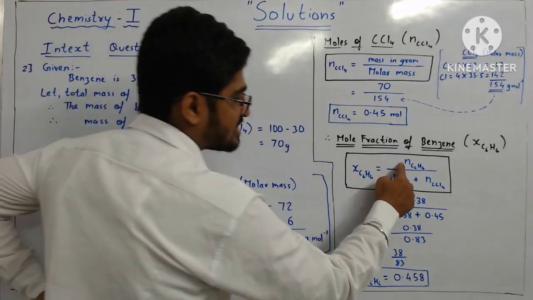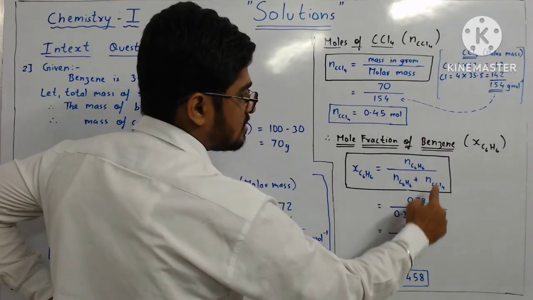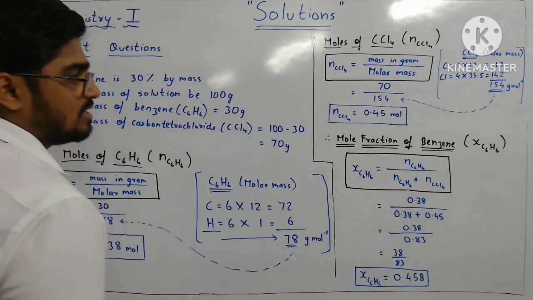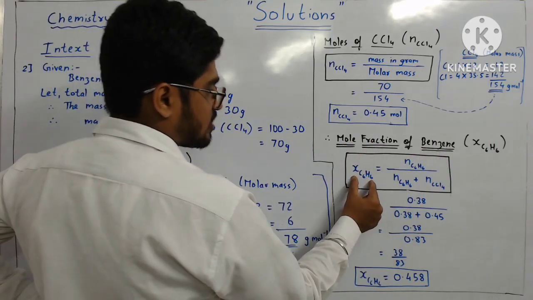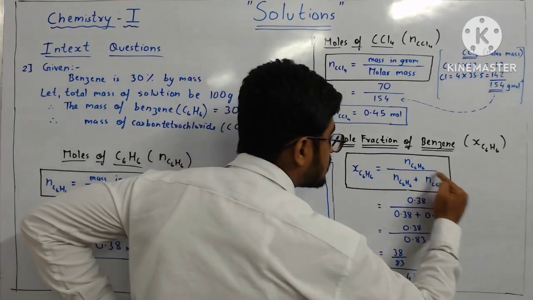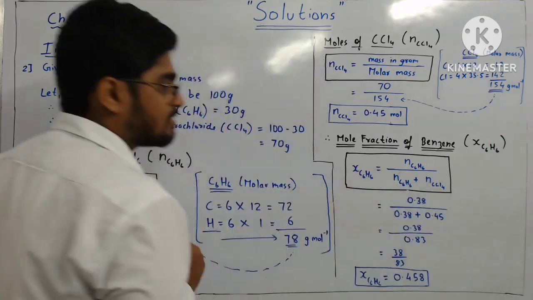You have got the number of moles of benzene, and the number of moles of carbon tetrachloride. So you keep them here, and you will get the mole fraction of benzene. The formula for mole fraction of benzene is number of moles of benzene divided by number of moles of the whole solution. The solution contains two things, benzene and carbon tetrachloride.